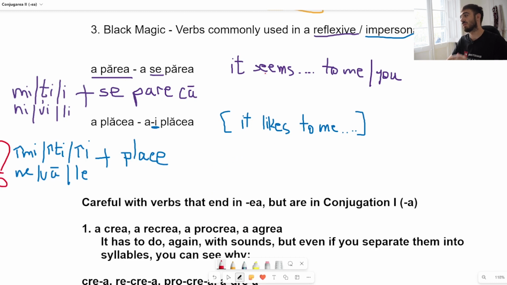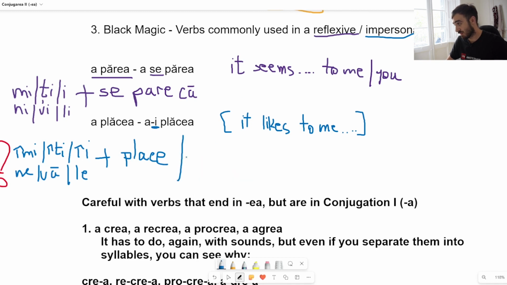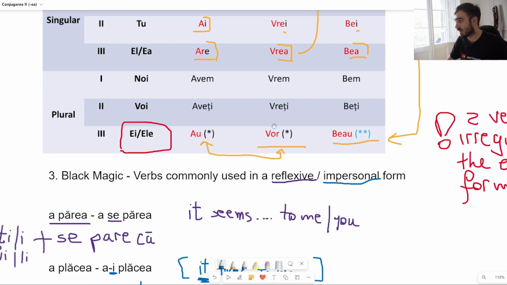Maybe if you think about it, seems it's not so common, but to like, you use that very, very, very often. And also to like has a plural form, because you can like one thing, so this is singular, but you can like many things, which is the plural form.